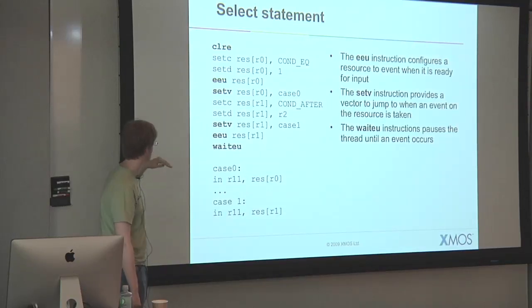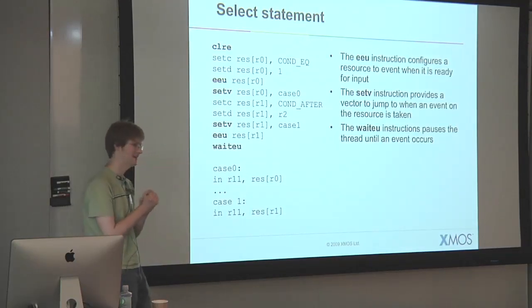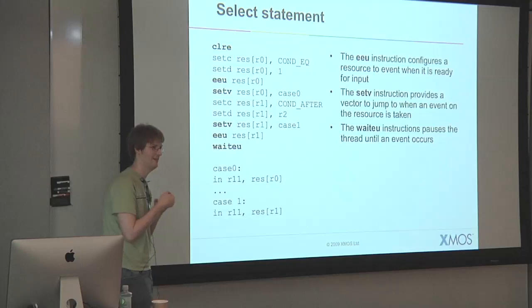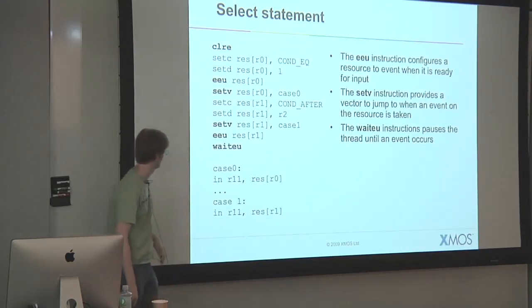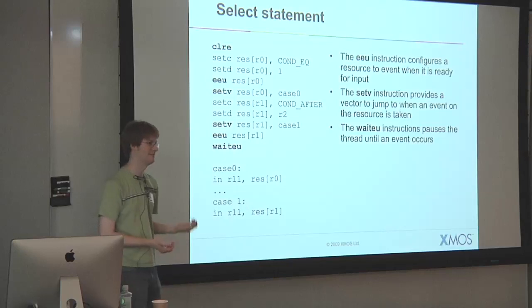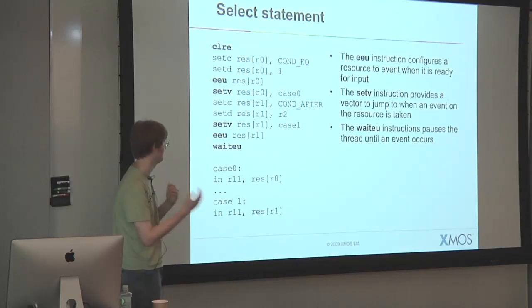So we set up all the state and then do a wait EU. That pauses the thread, and when one of those becomes ready, an event will be produced, and that will cause it to vector to either case 0 or case 1, depending on if it gets the data or if the timeout happens.